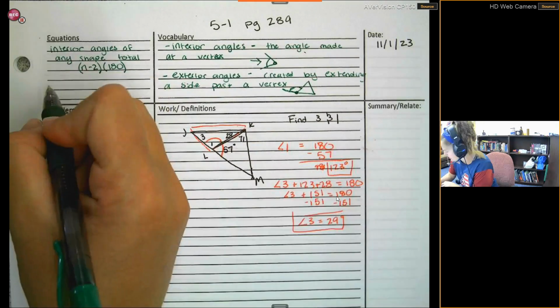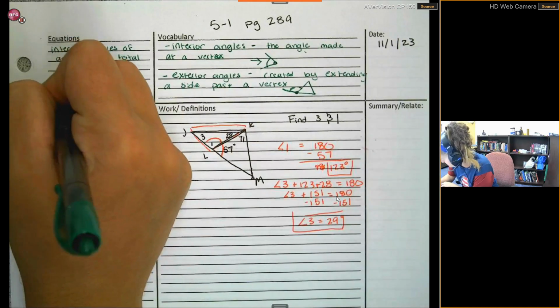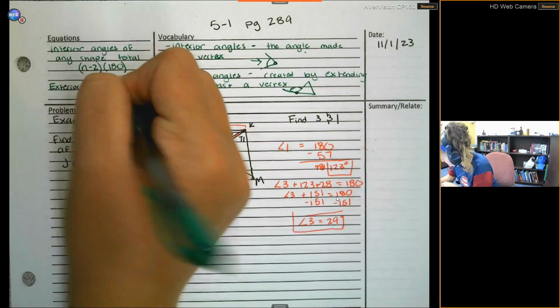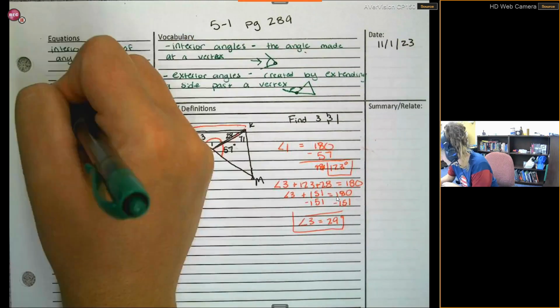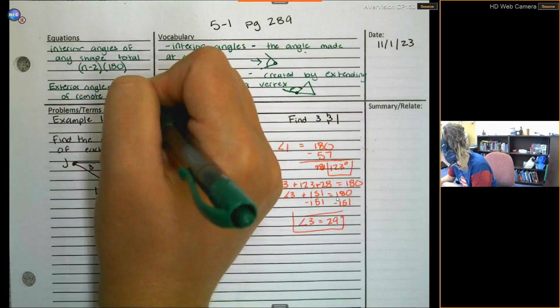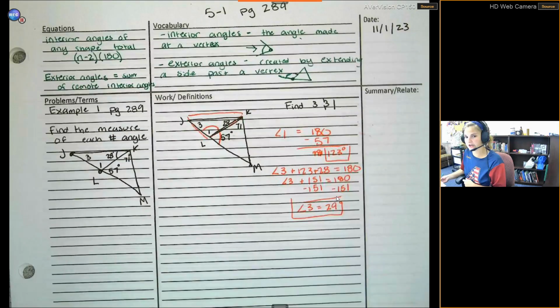Then up here for exterior angles, for my equation, it equals my two remote, so the sum of remote interior angles. It's just the two interior angles added together.